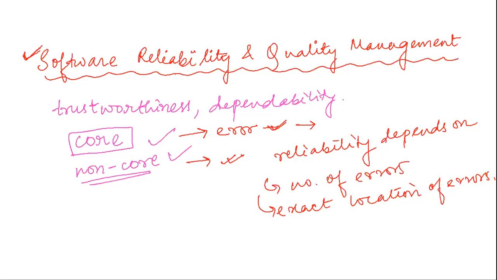Different categories of users of a software product execute different functions of the software product, and therefore it is very difficult to say whether the software is 100% reliable or not, because the reliability figure itself is observer dependent, just like the example I gave for library automation software.